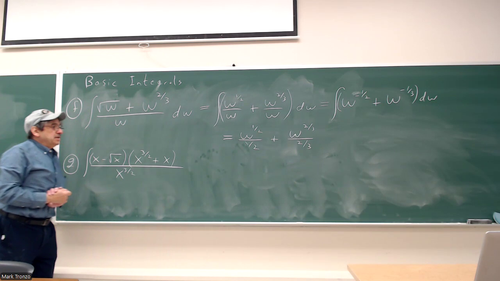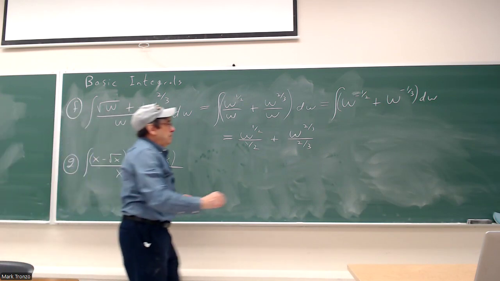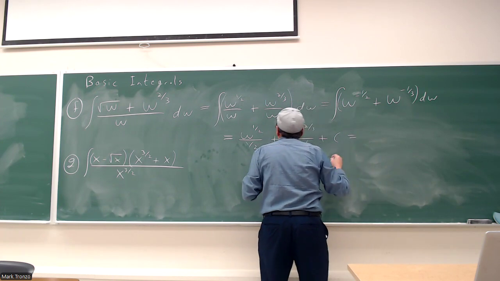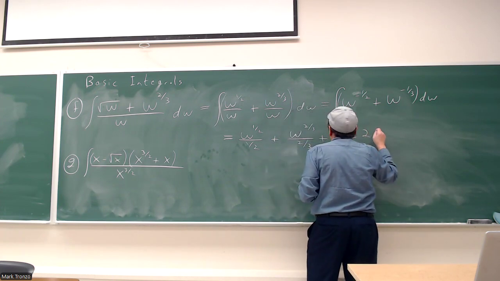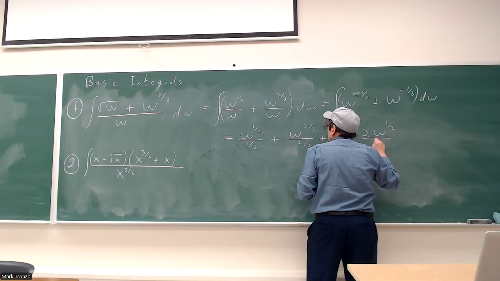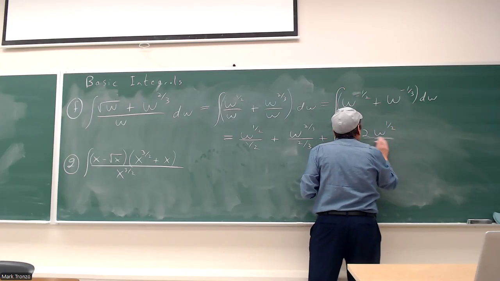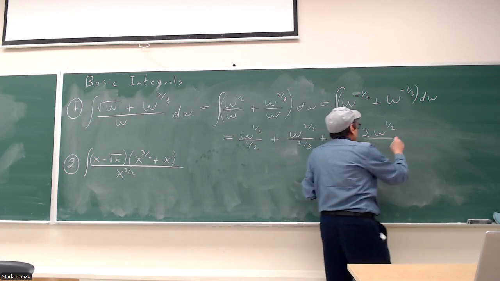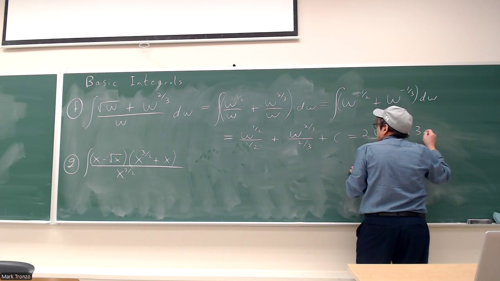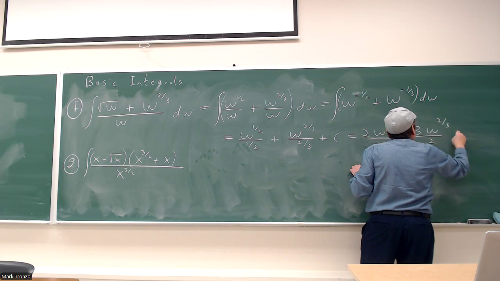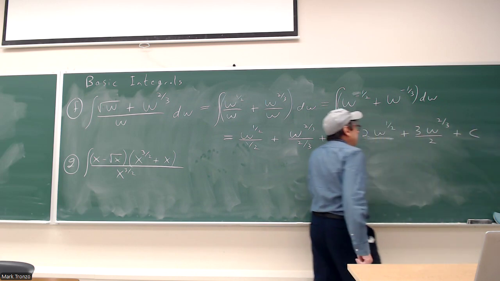We just added 1 to each exponent and then put a plus C. And this is going to be 2, like this, and we can actually get rid of that. And then this will be 3/2. This plus C.